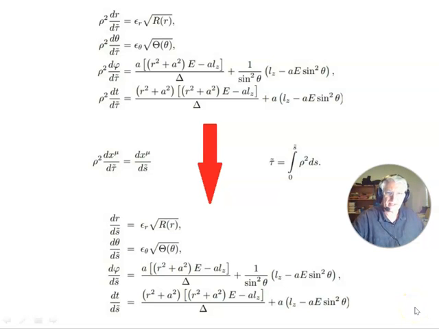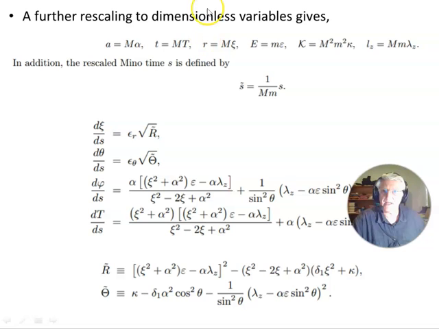The next step is a brief rough overview, just to give you a brief idea of what they're doing. The next step is rescaling to dimensionless variables, including Mino time. S bar is one on the mass of the black hole, or the mass of the particle you're referring to if you're talking about particles of mass.